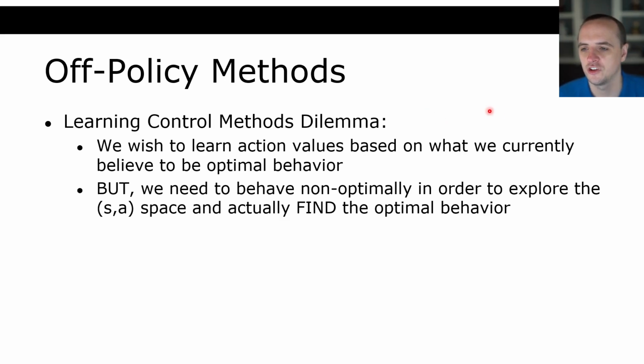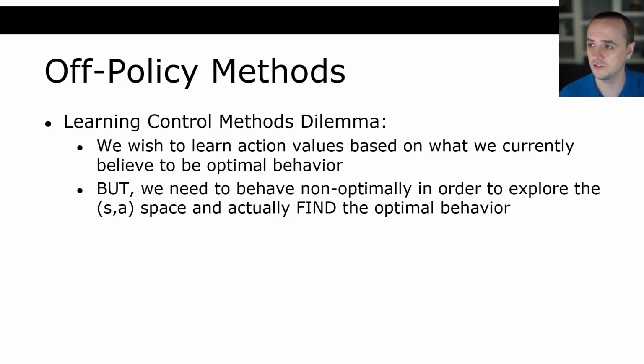Alrighty, so here's the learning control methods dilemma. We wish to learn action values based on what we currently believe to be the optimal behavior, but we need to behave non-optimally in order to explore the state and action space and to actually find the optimal behavior, right?